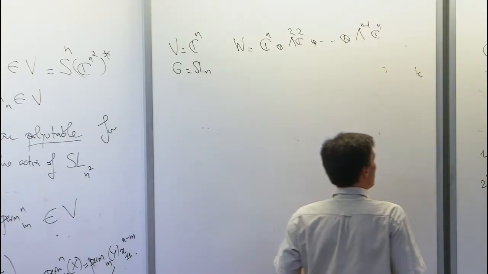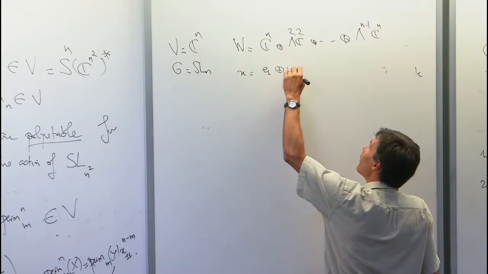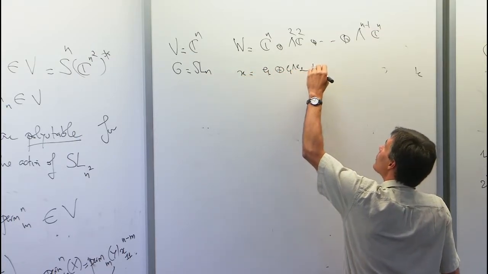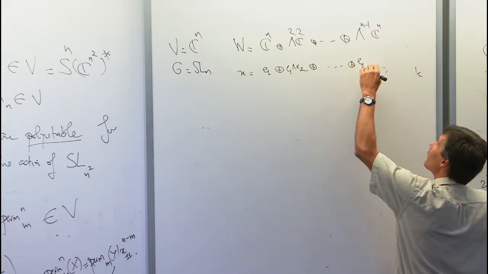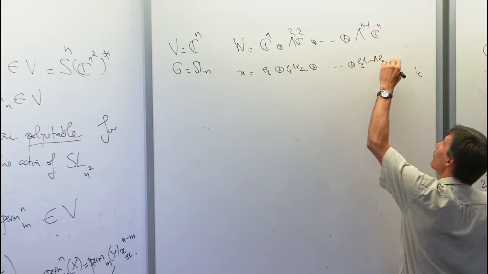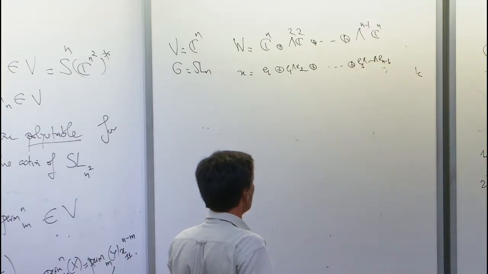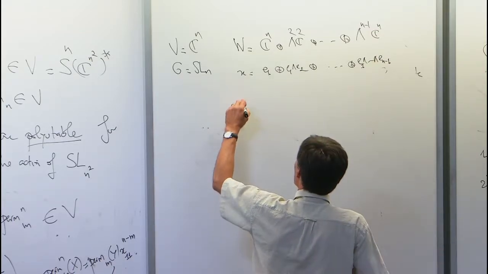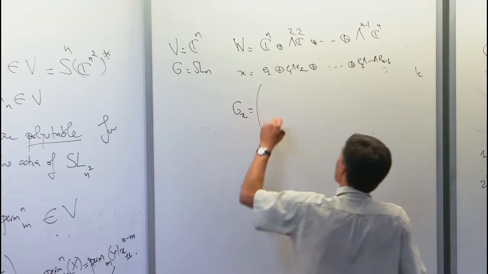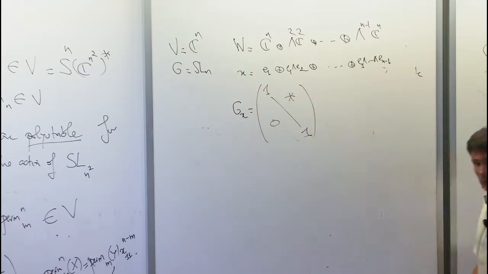I take my point X to be e1 plus e1 wedge e2. I choose a basis and take a sum of decomposable tensors like this. It's just an exercise to check that the stabilizer is again this group of upper triangular matrices with ones on the diagonal.